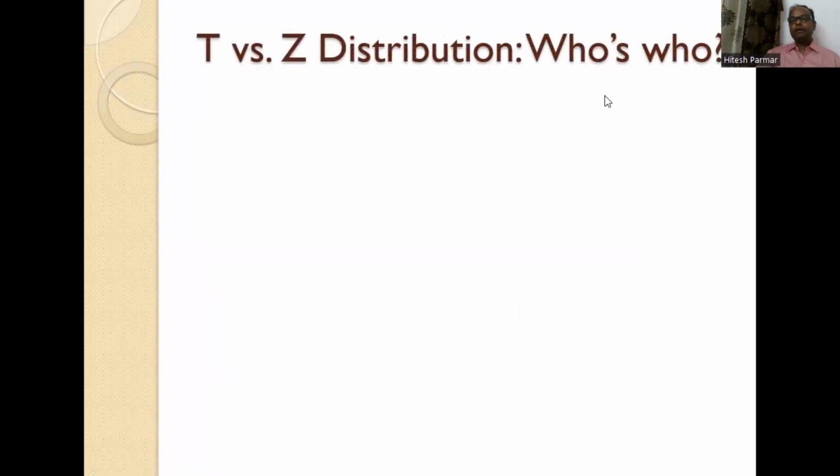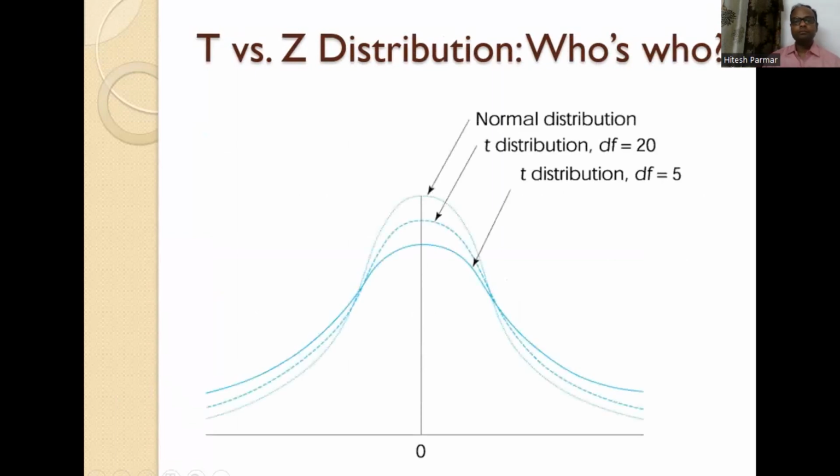Now if we compare the z and t distributions, how will these two distributions look? The uppermost distribution is the normal distribution. And for each sample size, the shape of the distribution will be different.